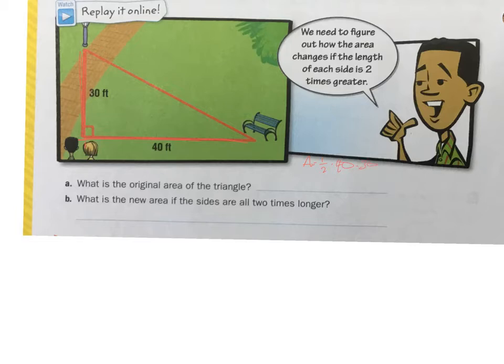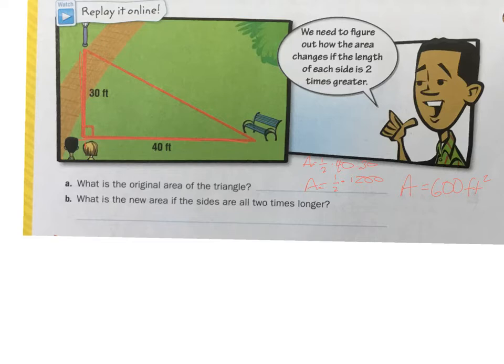I'm going to do that, 40 times 30. That's 1200 times 1/2 is my area. And half of 1200 is 600. So the original area equals 600 feet squared.